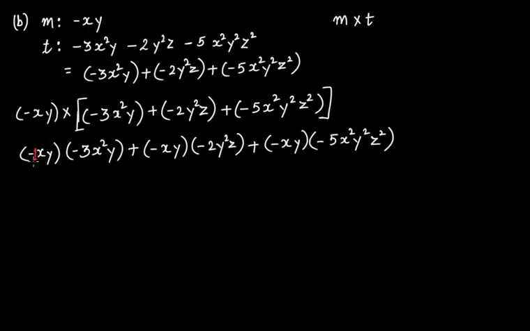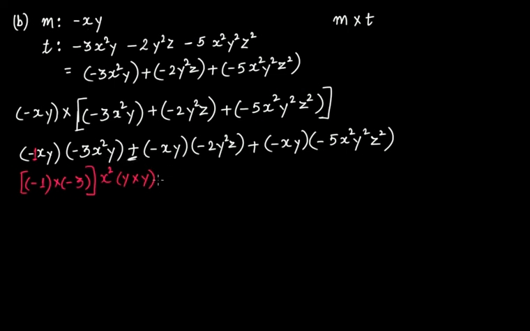So this is minus 1 multiplied by minus 3, and then you have x squared, and you have y here and y here. So y multiplied by y, right?